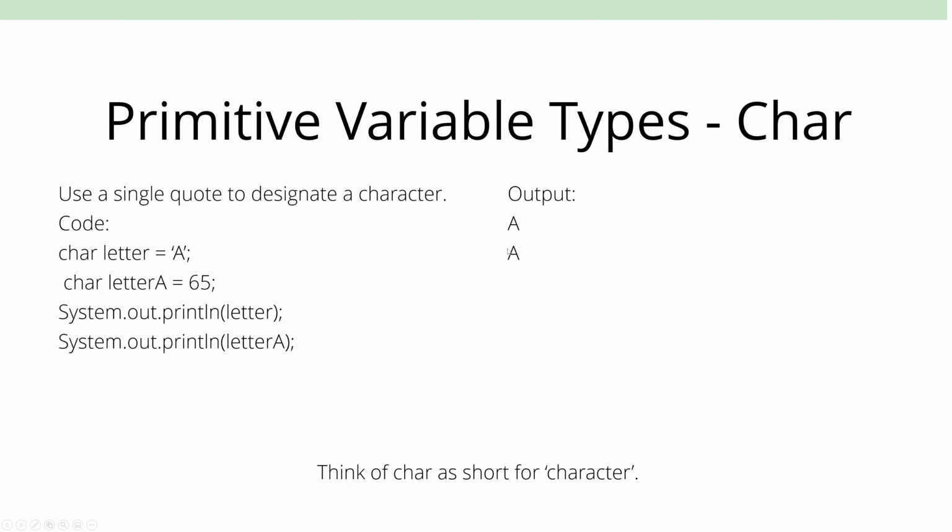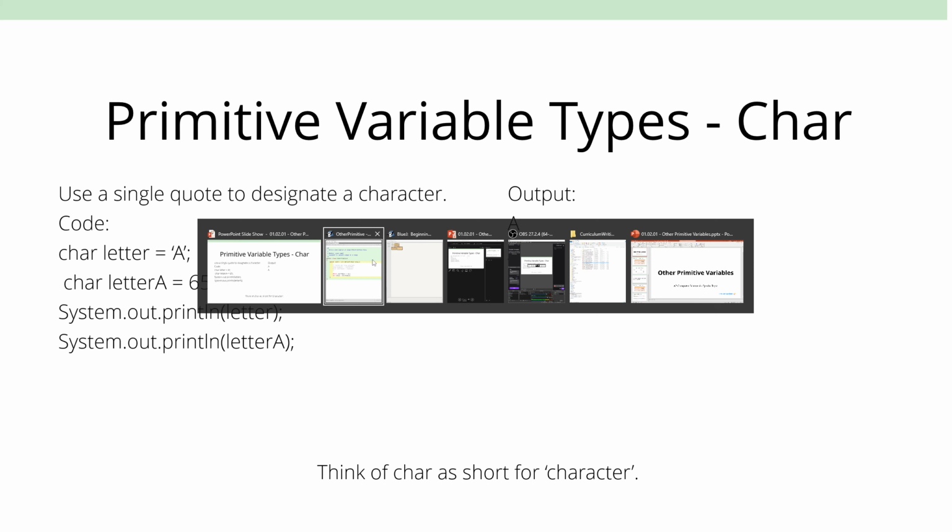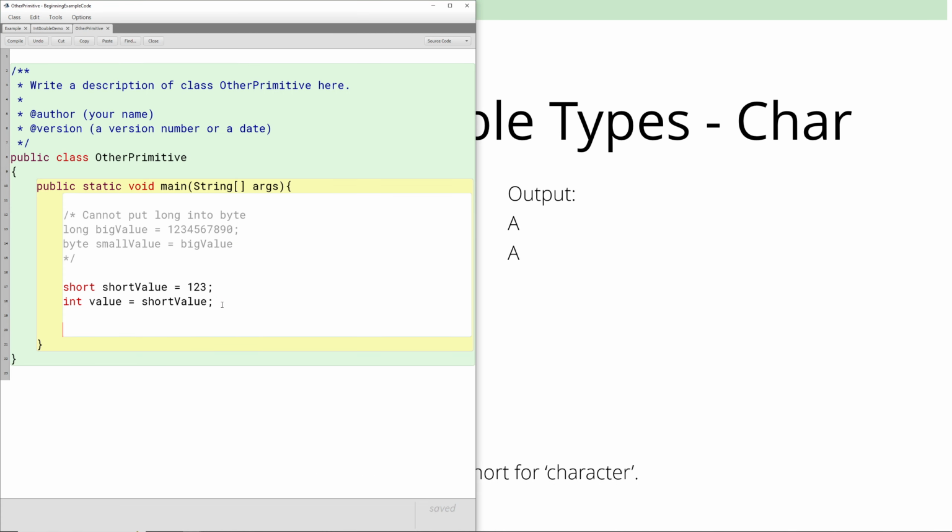Right, what's happening there? If you don't believe me, you can go ahead and prove it to yourself. Okay, so char letter. You know, sometimes I'm known to lie a little bit to see if my students are keeping track.